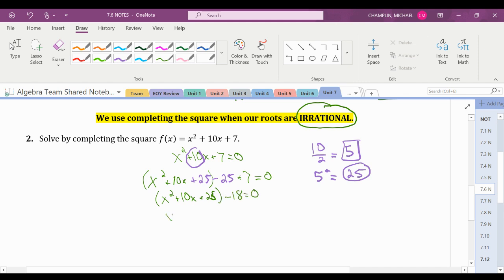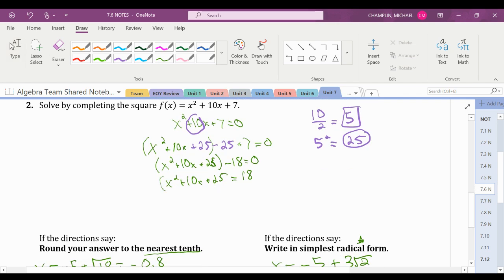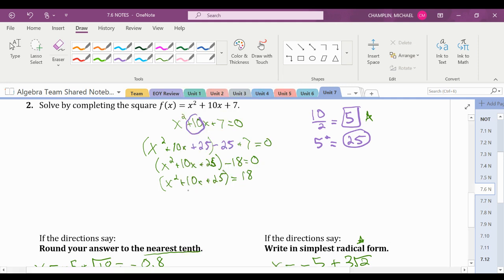I'm going to sort, and I'm going to get x squared plus 10x plus 25 equals positive 18, right? And still in parentheses, this is my perfect trinomial. And I have 5 here from when I divided the 10 by 2. So that's going to be my portion in my perfect square. So I have x plus 5 squared equals 18.